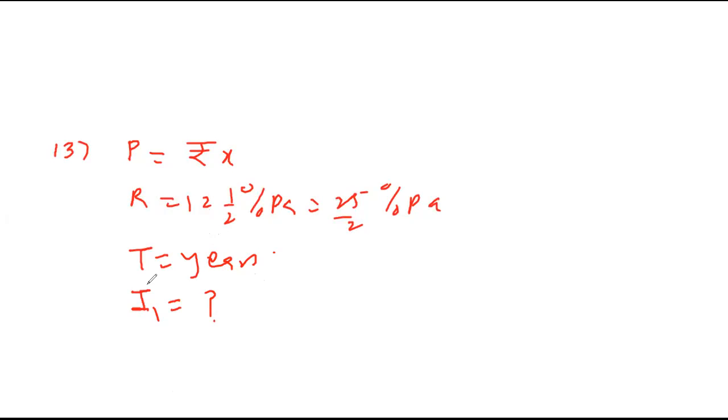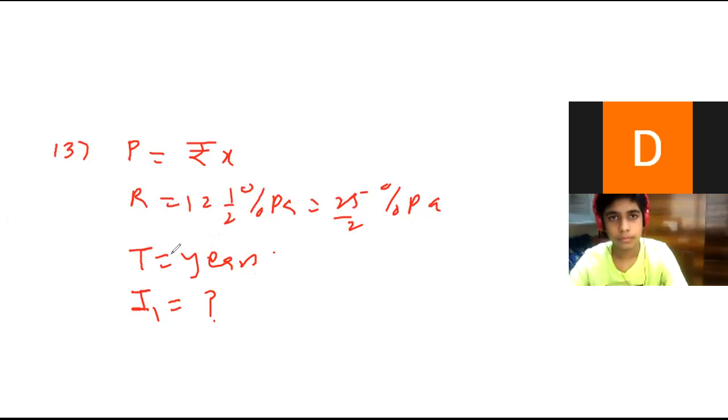One minute, wait, all of you wait. See, principal is X at the start, rate is 25 by 2 and period is given. How many years? 4 years. Will give the same interest. So this is the first one, this is the second one.